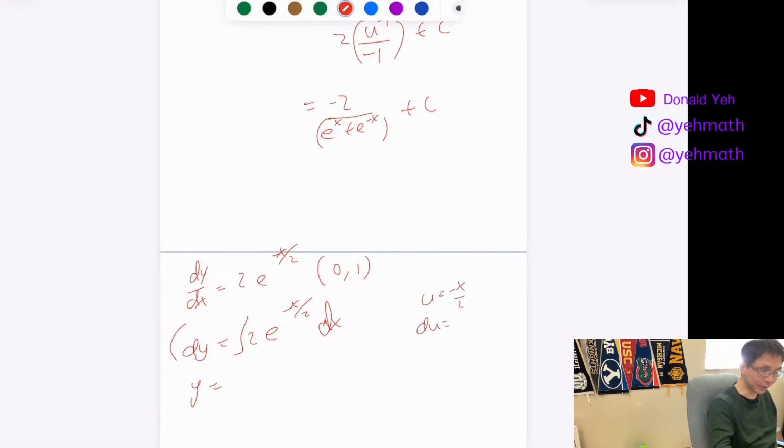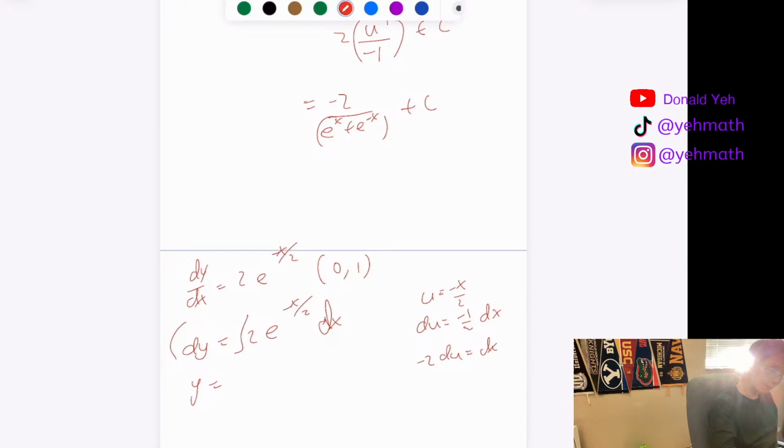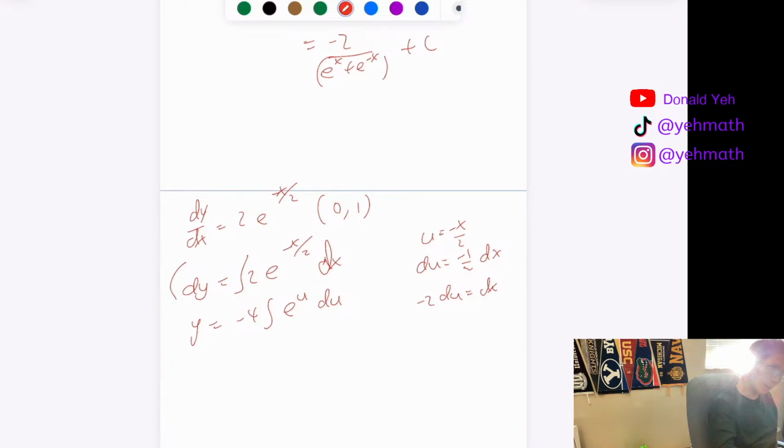Du is equal to negative 1/2 dx. So that's going to be negative 2 du equal to dx. So that's going to be negative 4 e to the u du. So negative 4 e to the negative x over 2 plus c.